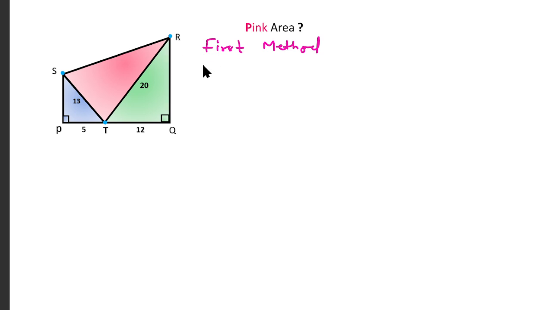So we can write in right angle triangle SPT, SP is equal to under root hypotenuse square, that is ST square, minus base square, that is PT square.